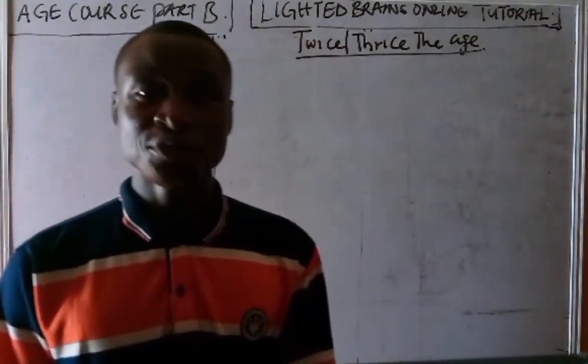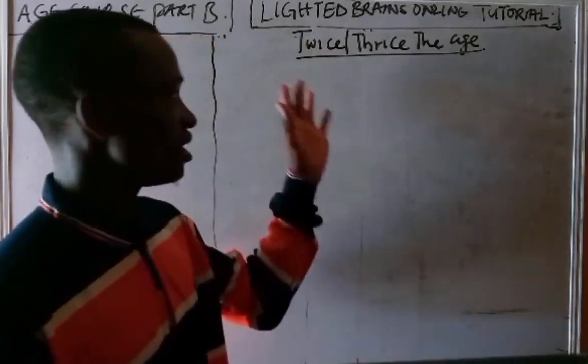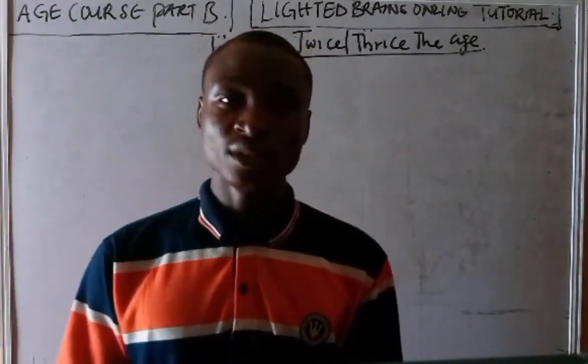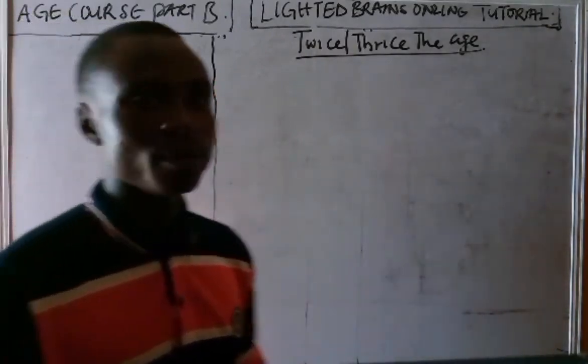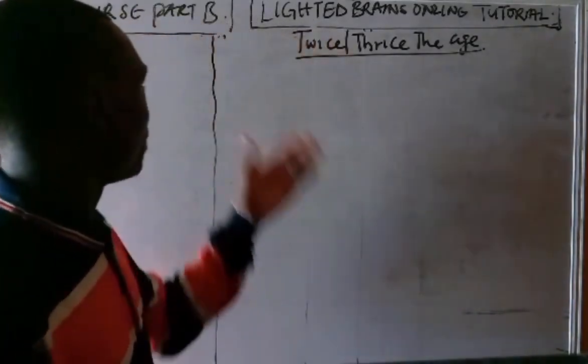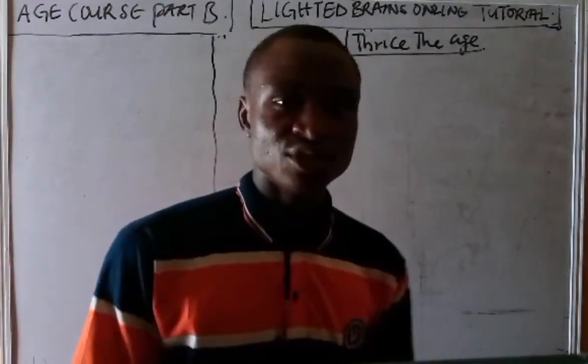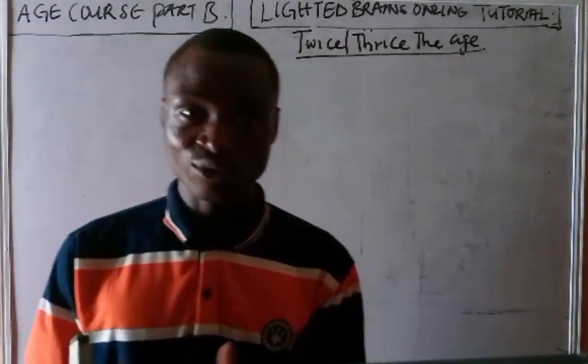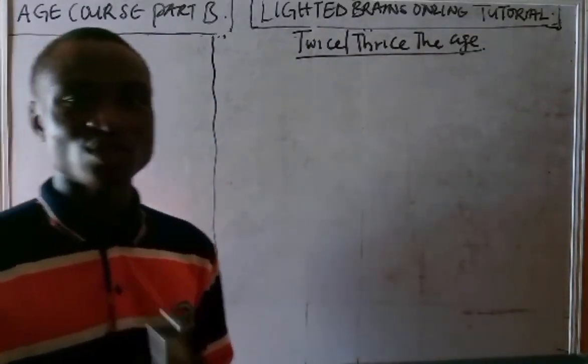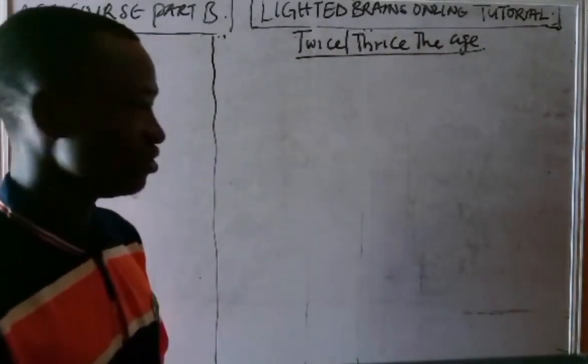Alright guys, for those of you that are new here to the Lighter Brains Online Tutorials YouTube channel, and you are just seeing this H video course for the first time, please go and watch our part A. We did our introduction and the basics of H, that is how you can solve H, the basic things that you need to know.